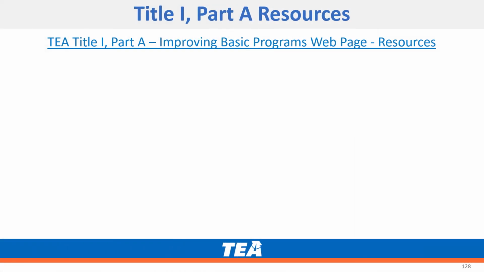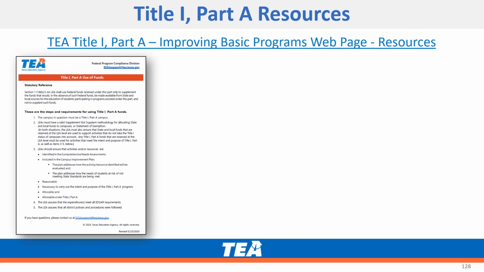Before we conclude the training, I wanted to provide you with some resources that you might find helpful in administering Title I Part A programs in your LEA. The following resources are available to you on the TEA Title I Part A webpage. The Title I Part A Use of Funds one-pager provides the steps and requirements associated with the use of Title I Part A funds.